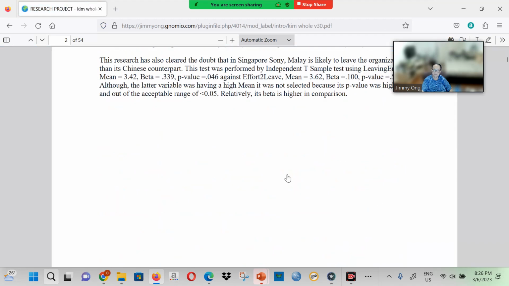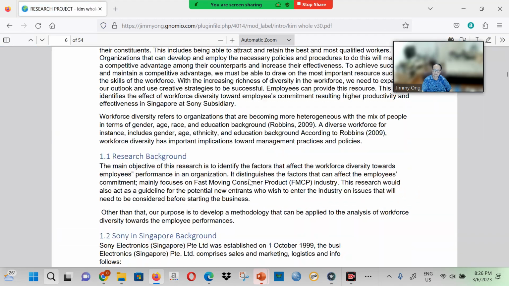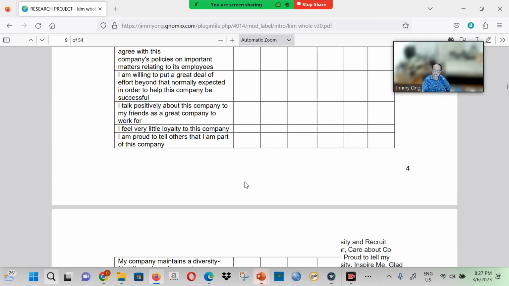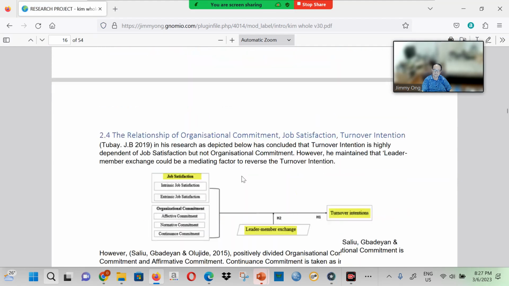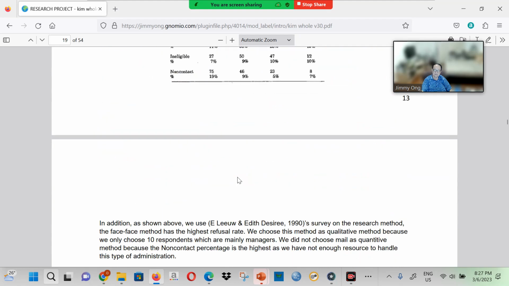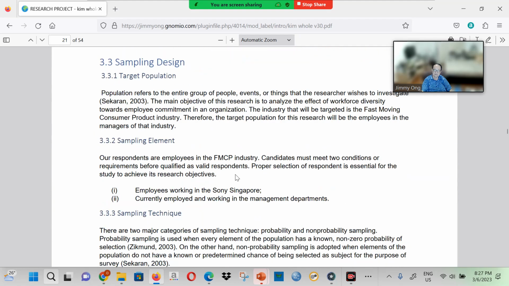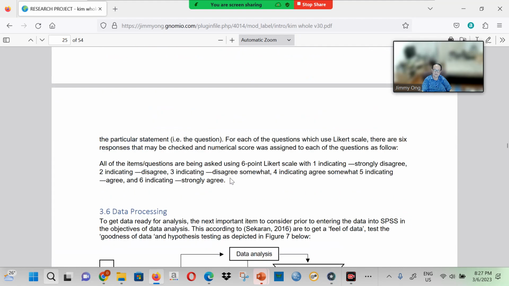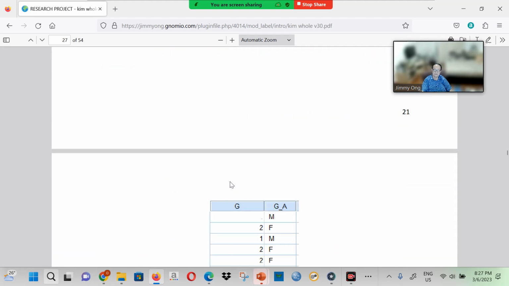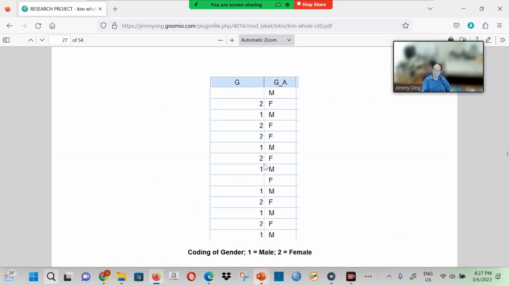So one more time, just to show you this one. I showed it to you before, but I just want to show you one more time. Missing data. How do you handle this missing data?